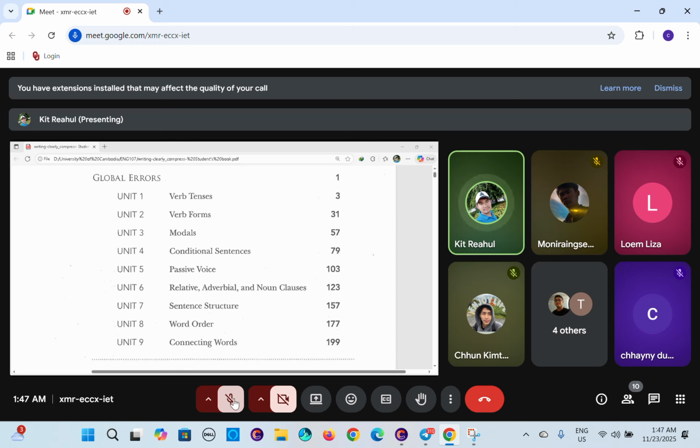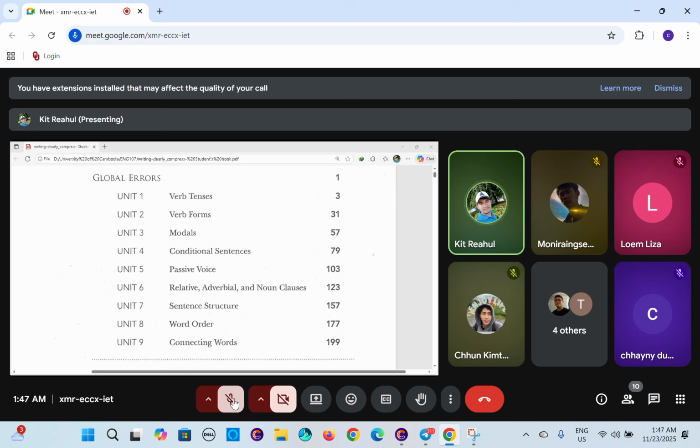When we talk about verb patterns, some certain verbs require verb ing as complement, and some certain verbs require to infinitive as complement. So we can use verb ing for the continuous tenses like in present continuous, past continuous, future continuous, present perfect continuous, past perfect continuous, or future perfect continuous. So in every continuous tense, we use verb ing.